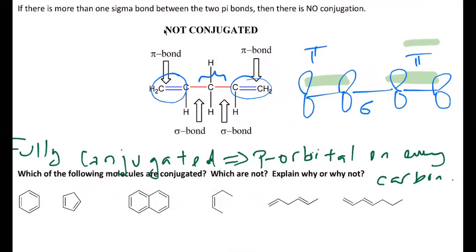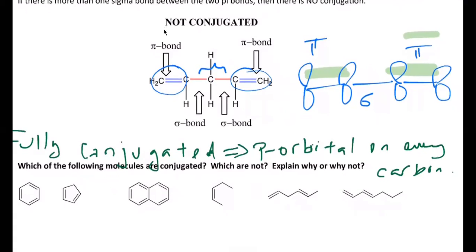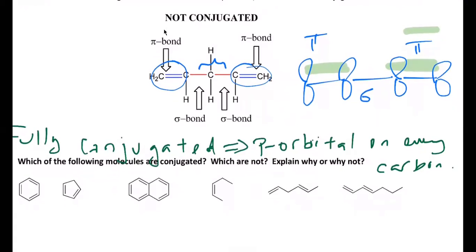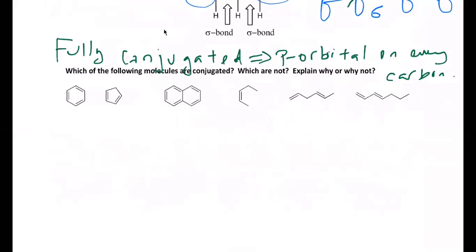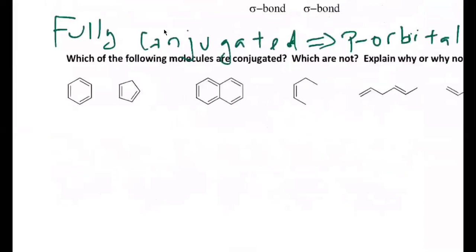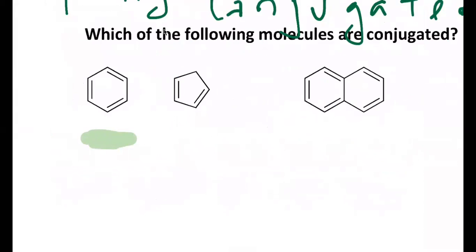All right, so let's look at some of these examples down here and see if we can just pick out what's conjugated and what's not conjugated. All right, so that first system, the benzene ring here, what do you think? Is it conjugated or is it not? Conjugated. It is, right? Because you have a pi bond separated by a sigma bond, then you have another pi bond here.